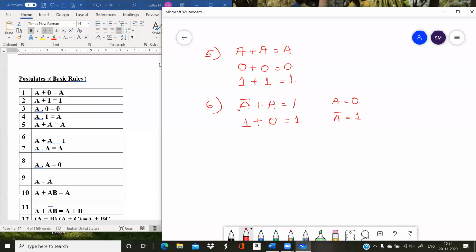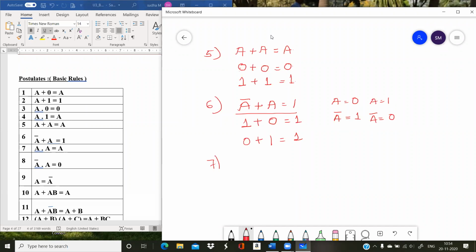If A is equal to 1, the complement of A will be 0. For that possible combination also, A complement is 0, A is 1, and 0 plus 1 is 1. Therefore, A complement plus A is always equal to 1.